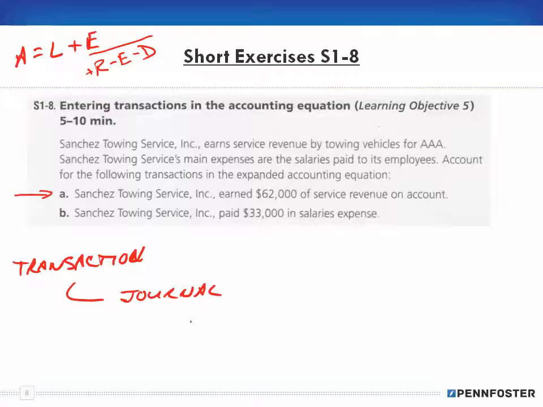In other words, you make a journal entry for it. When you make the journal entry, you're going to have debits and credits. In this case, Sanchez Towing Inc. earned $62,000 of service revenue on account.